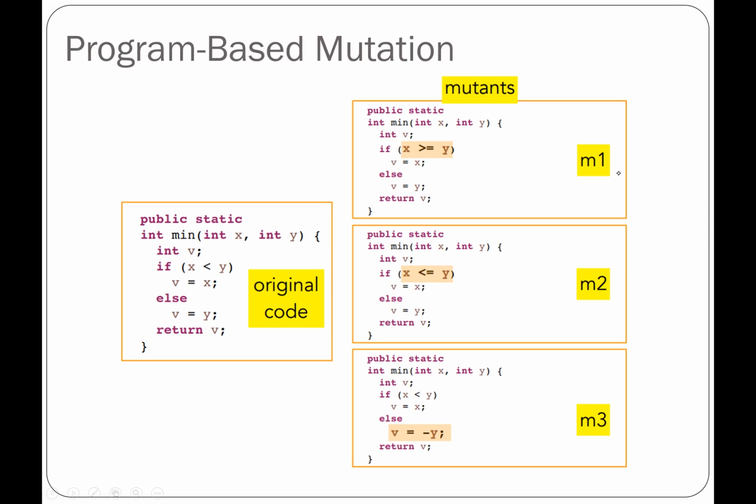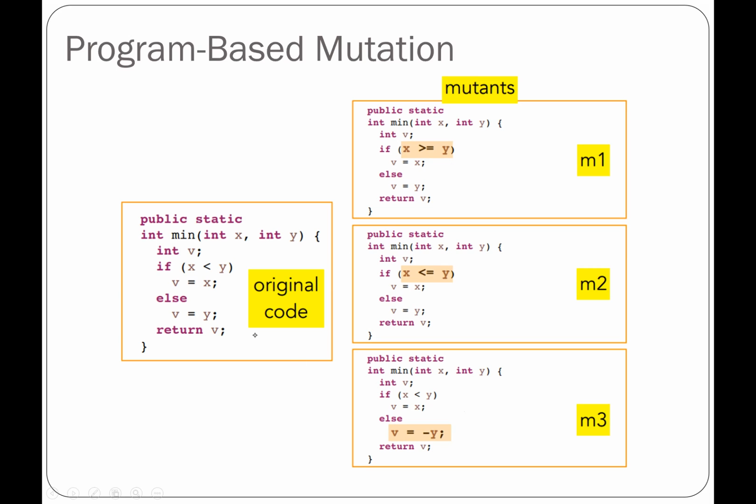I've created 3 different mutants, M1, M2, and M3. In the first one, I've changed the if condition over here, made it bigger than or equal, and in the second, smaller than or equal. And then the third one, I didn't even touch the if statement. I just changed that line over here in the else.